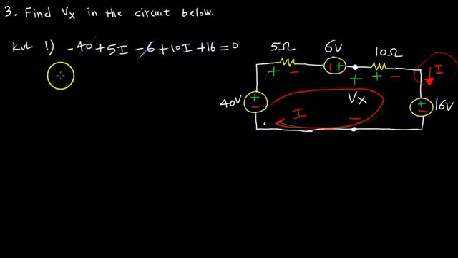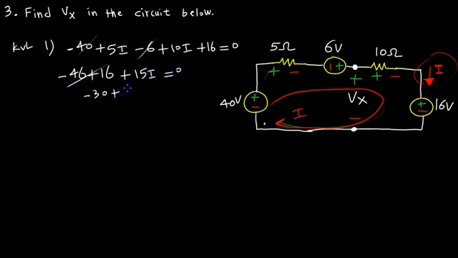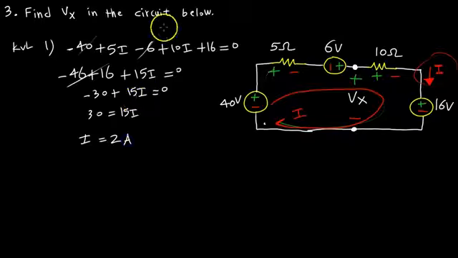I'm going to have a negative 46 here, plus 16, which is negative 30. Then I have 5I and 10I, so that's 15I, equal to 0. That's negative 30 plus 15I equal to 0, which means that 30 is equal to 15I, and I is equal to 2 amps. That's the first result.